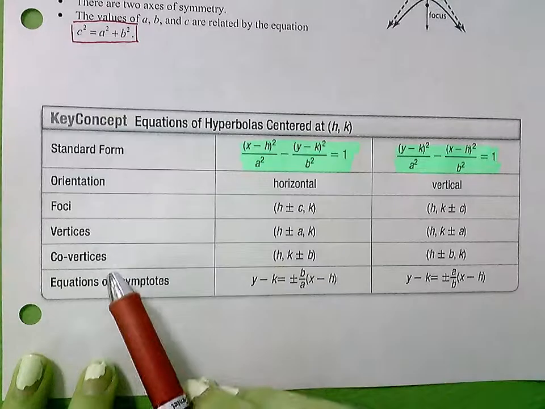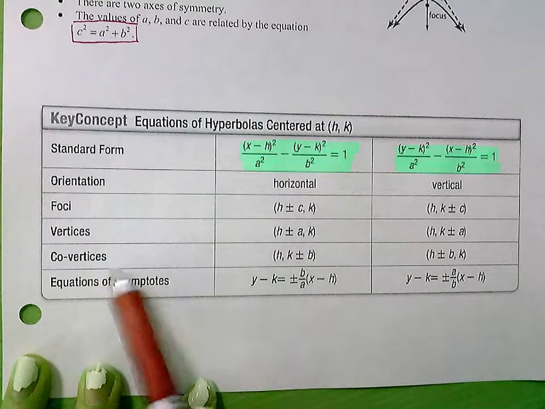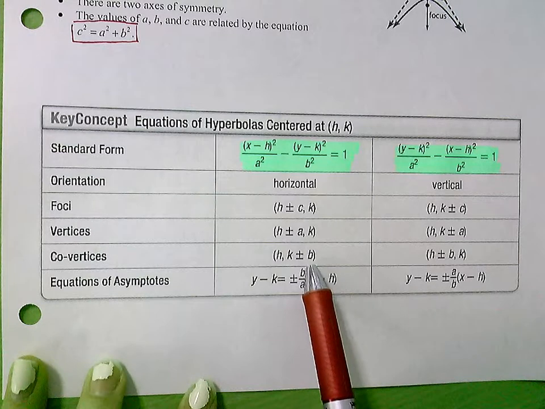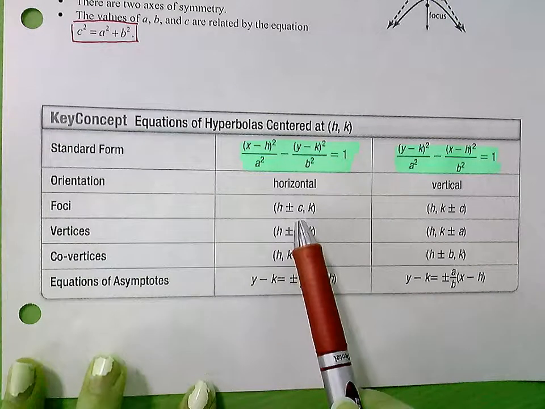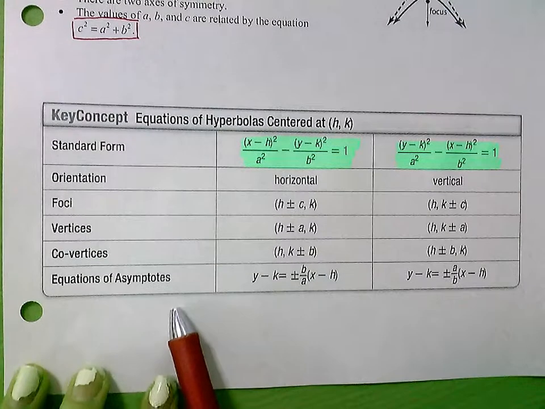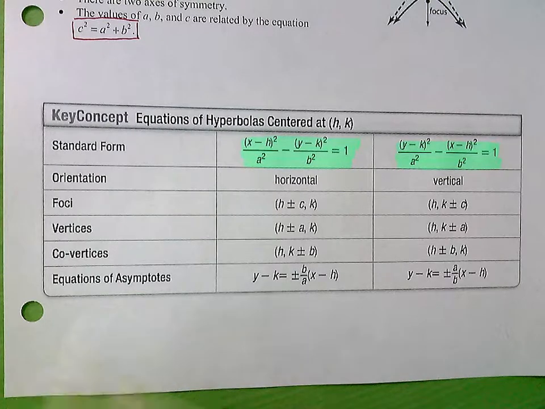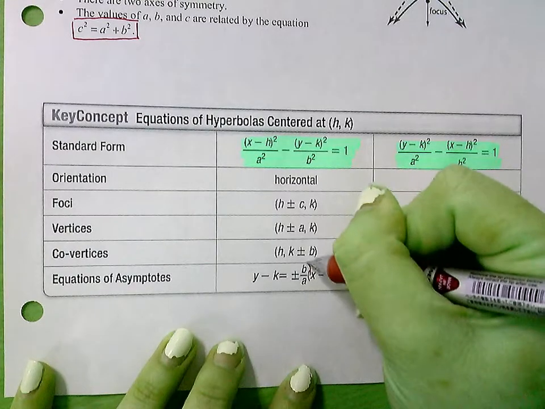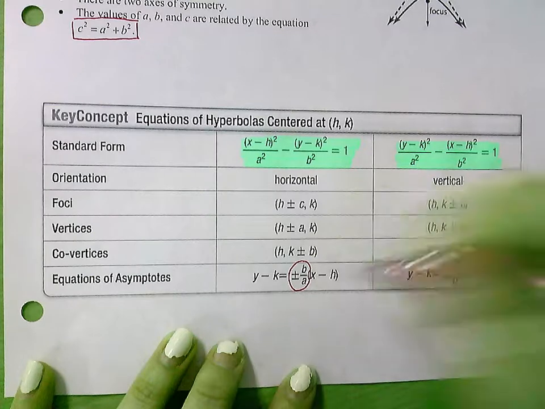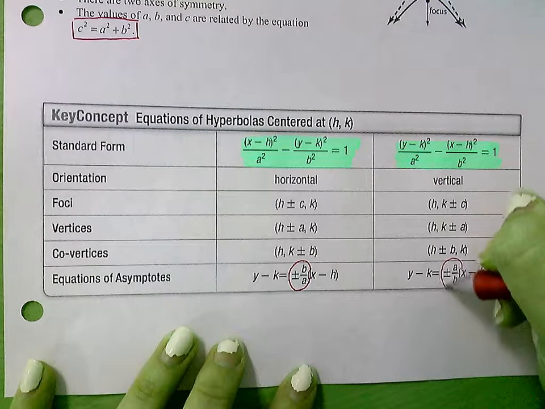Just like with our ellipses, we have our foci points, our vertices, and our co-vertices, and how to find those with our a, b, and c values. The only extra thing here is we have equations of asymptotes. The main part that you're going to need is this plus or minus b over a, and this plus or minus a over b.